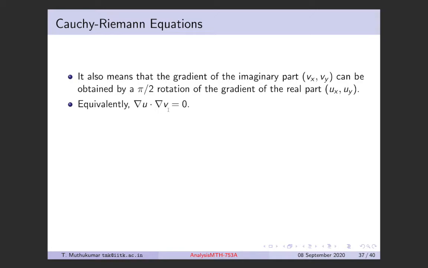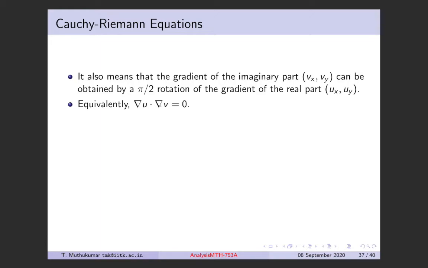In fact, you can even see that directly here. If you want these to be orthogonal, what you want is ux vx plus uy vy to be equal to 0. You use the Cauchy-Riemann equation, you will get mixed derivatives, and it will be equal to 0. So the Cauchy-Riemann equation actually connects the real part and imaginary part, in the sense that you cannot fix both arbitrarily.